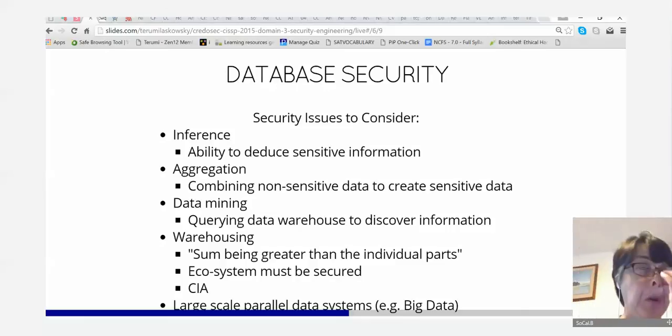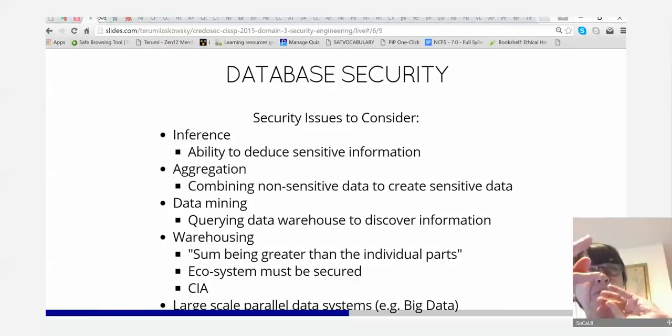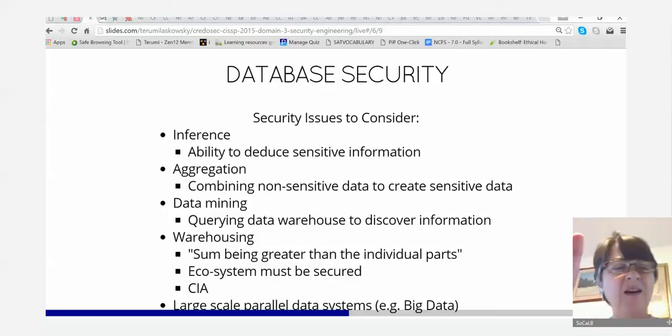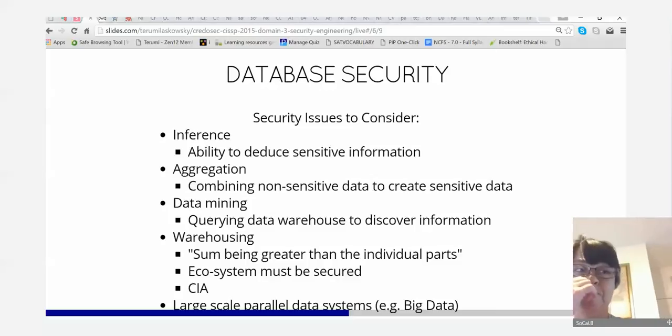If there are only 2, if the sample size is pretty small, you can pretty much infer what a particular female executive is getting for salary, because it's only 2. If you can do data mining that says above the age of 50 or something, then you may be able to hit the person you want. So that would be inference.